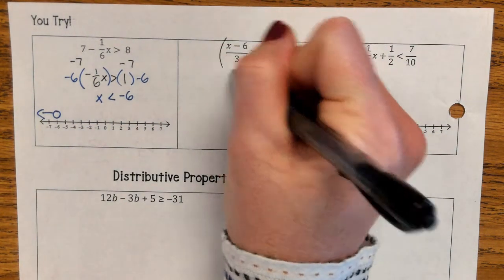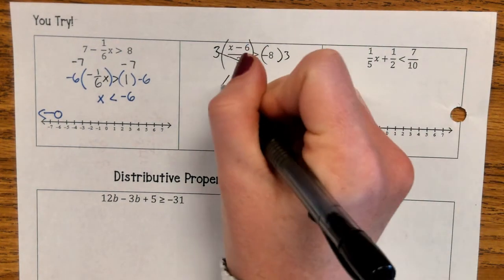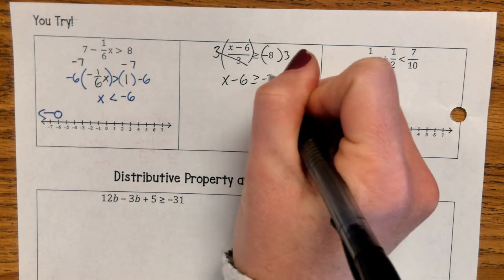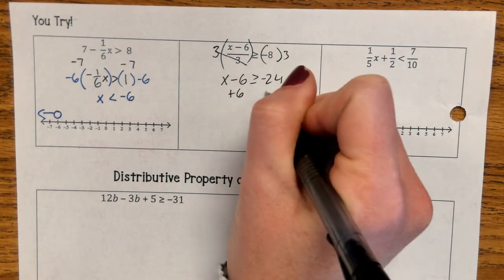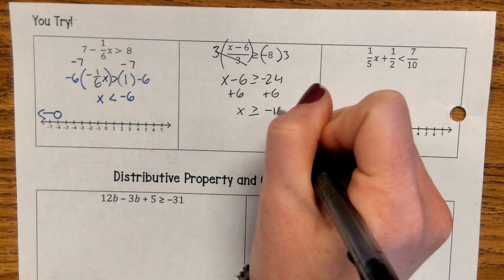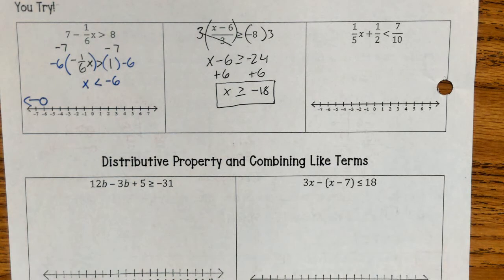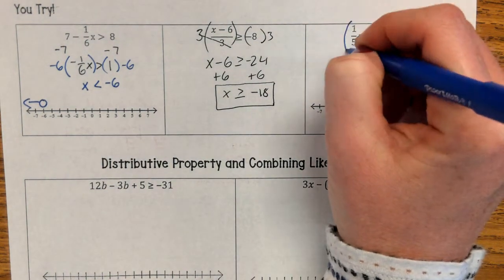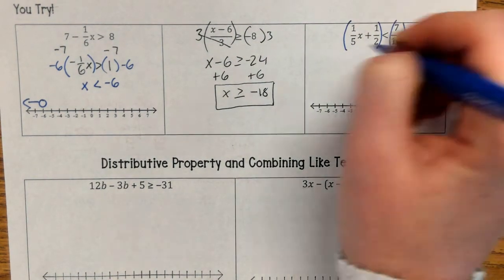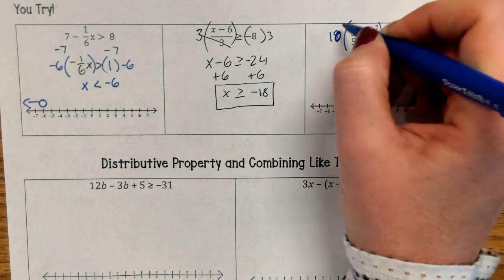Number 2, we want to make sure we're multiplying both sides by 3 first to get rid of that denominator. And this third one, what do we multiply everything by? Multiply by 10 to get rid of all of the denominators.